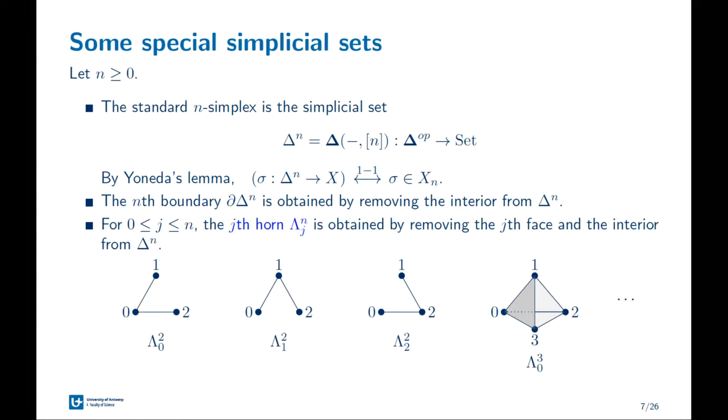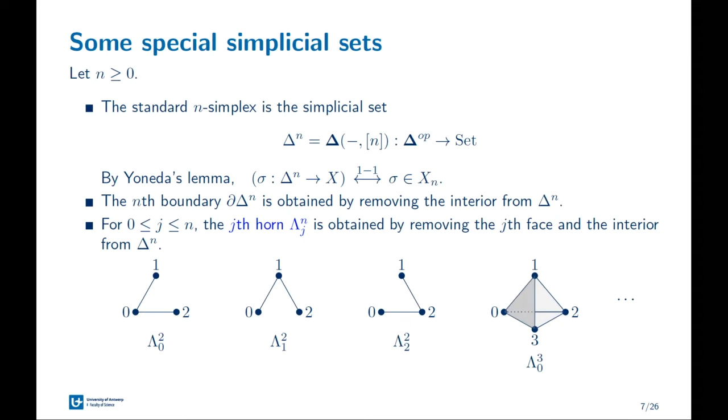And then finally, the last of our main players are these horns. So for every j between 0 and n, I have the so-called jth horn, which I denote by Lambda^n_j, and I obtain this by removing the interior of my standard simplex and one of the faces, namely the jth face, by which I mean the face opposite to the jth point.